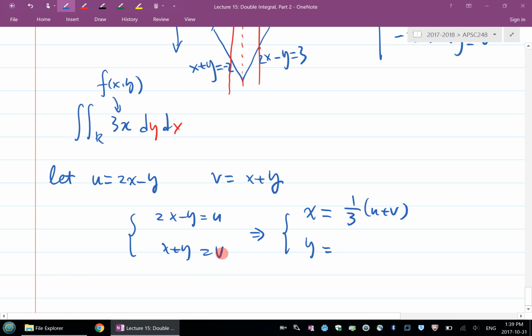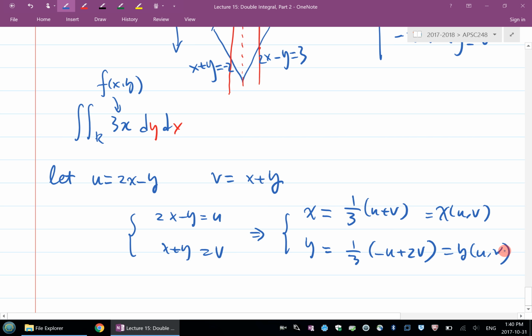If you use 2 times equation 2 minus equation 1, you'll be able to solve for y, which is 1/3 (negative u plus 2v). So that is your x of u, v, and this is your y of u, v. This is the connection between x and uv, and y and uv.